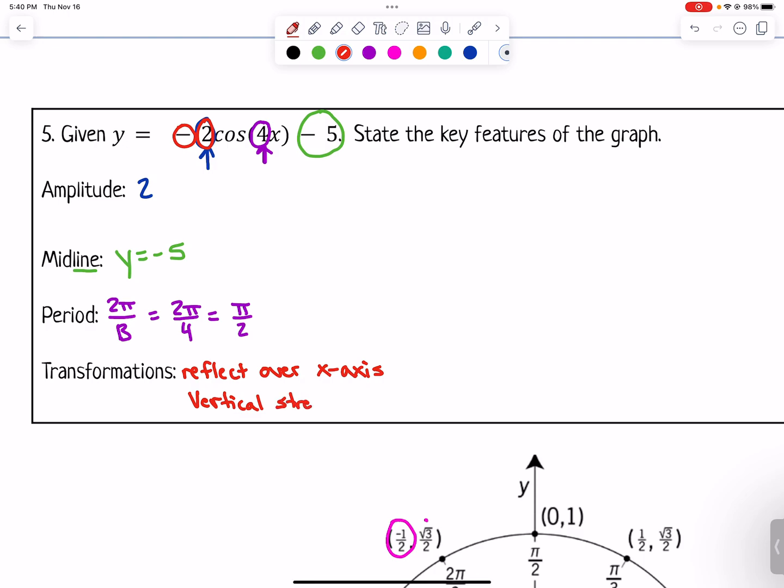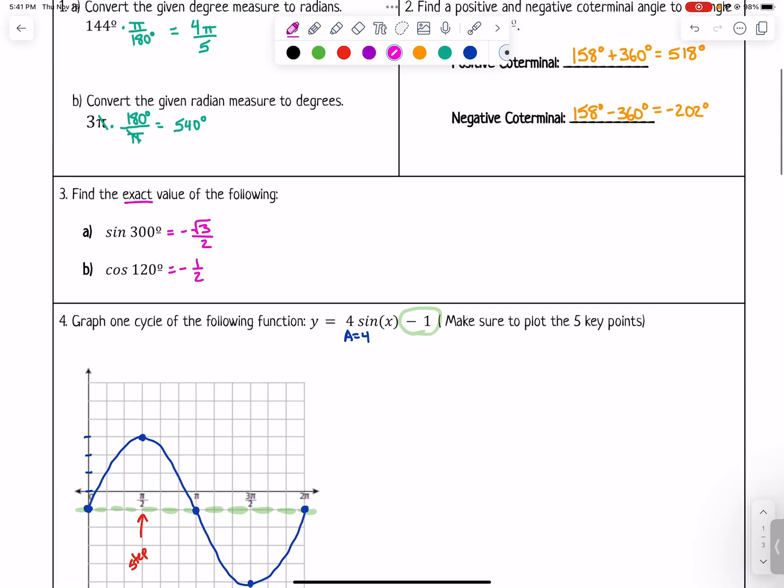So vertical stretch by a factor of 2. And then it had a downshift of 5. So it shifts down 5. And that's all that we need to pick out for the transformations. So that is it for practice quiz 13.